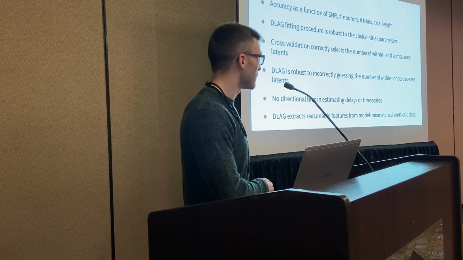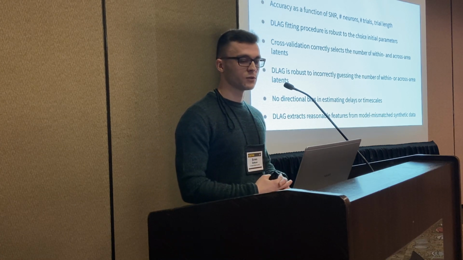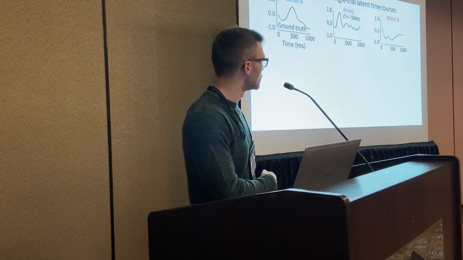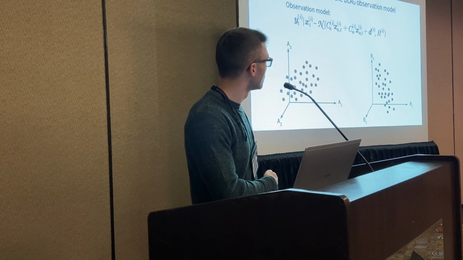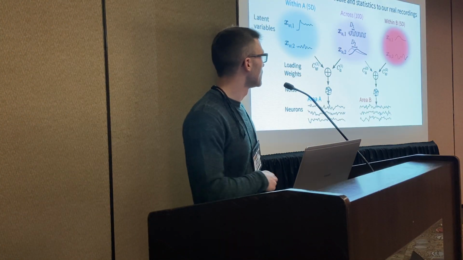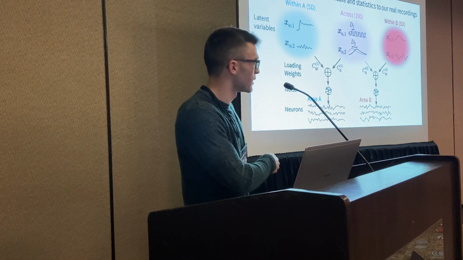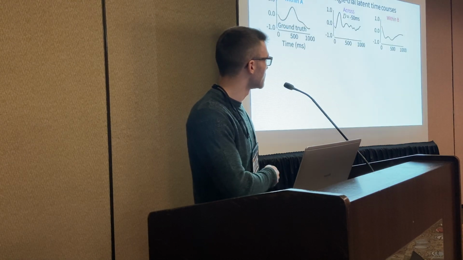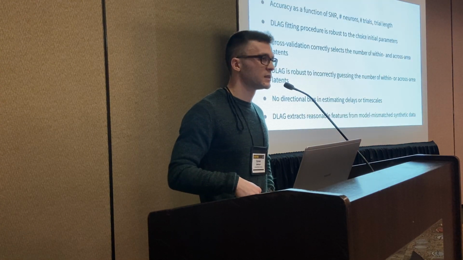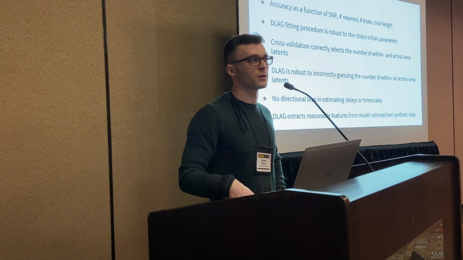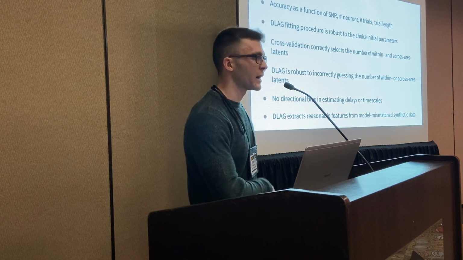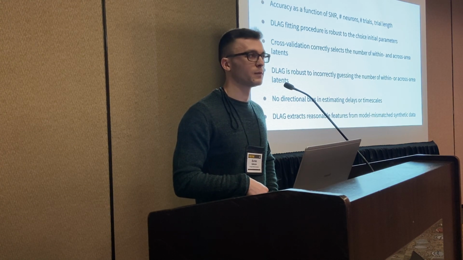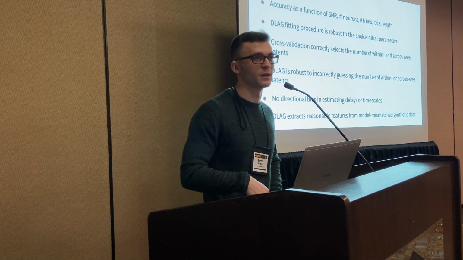Down here, I highlighted that we have started to apply this to model mismatch scenarios. For example, you could take this generative model framework and add Poisson variability at the end. We still seem to do okay in that case. The other scenario is that we generated this data from a recurrent network as the ground truth. I can talk to you more about that offline, but the short answer is it gives reasonable output.